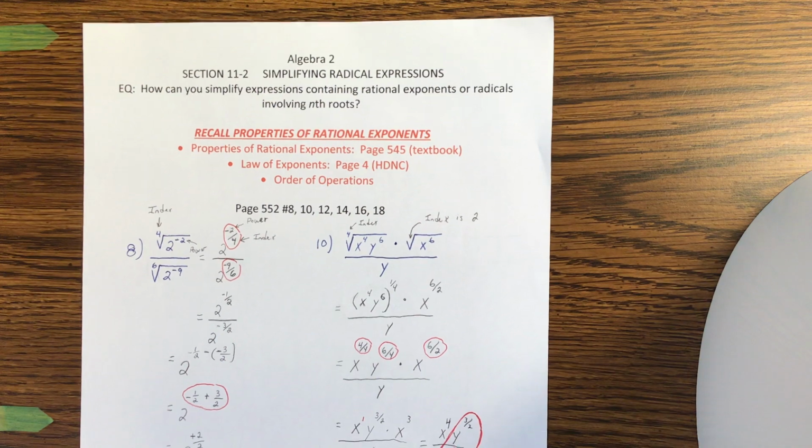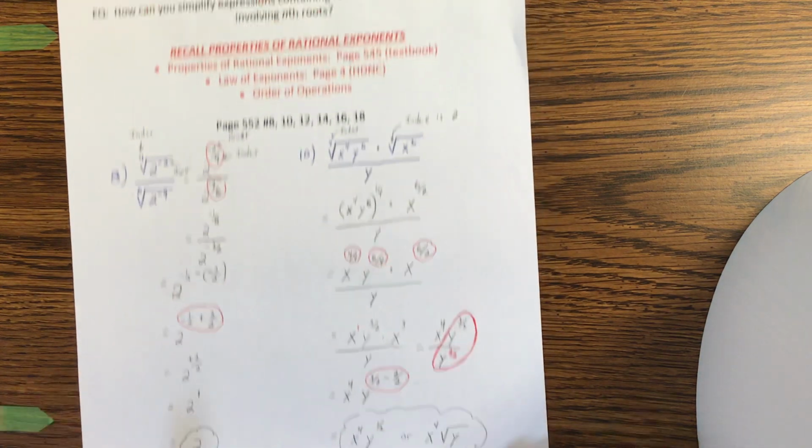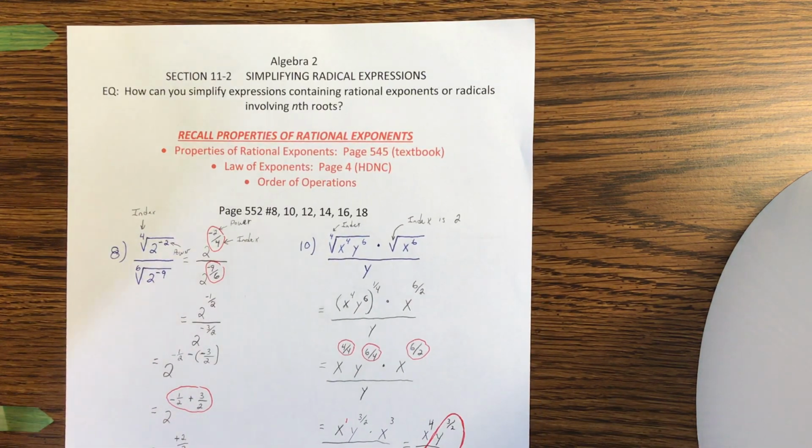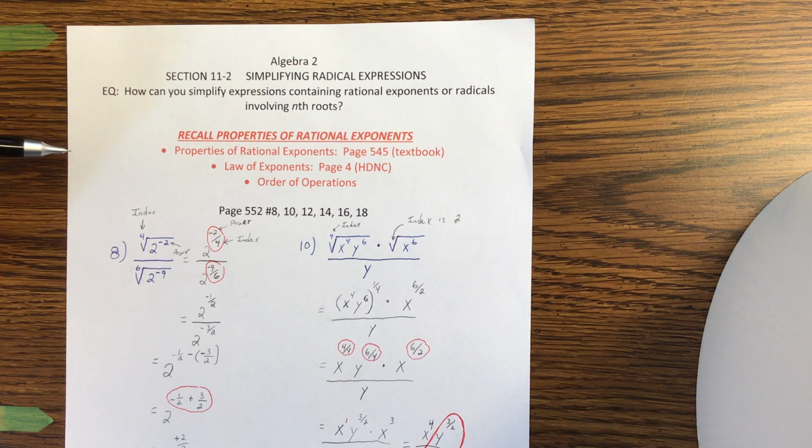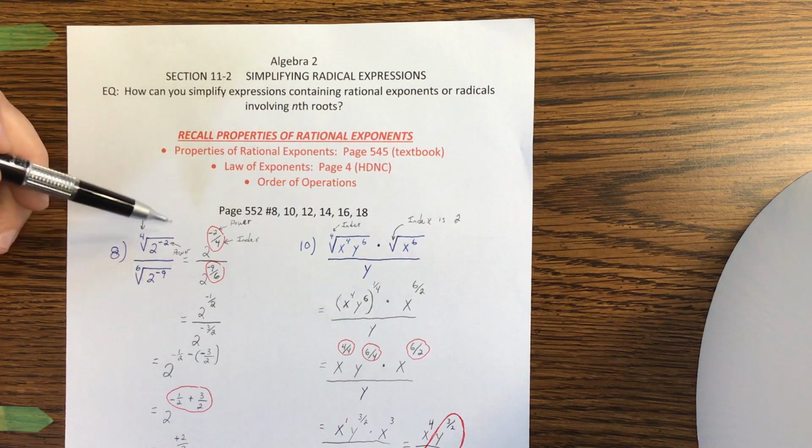So looking at number 8, we're given a radical expression being divided by a radical expression, and we want to simplify this. In order to simplify this, we have to write it as a rational exponent.